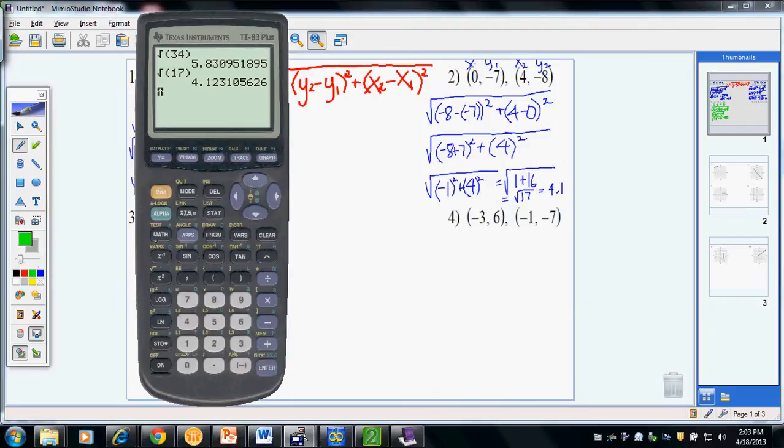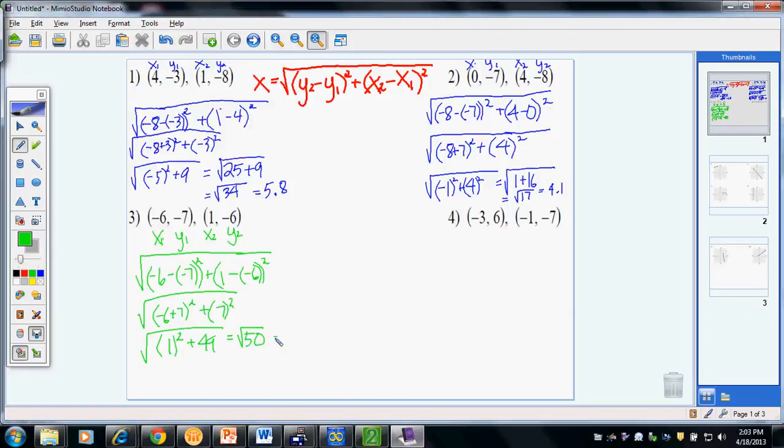And we're left with 7.07. Good. Alright, so the last one, I'll do this in black. y2 minus y1 plus x2 minus x1.